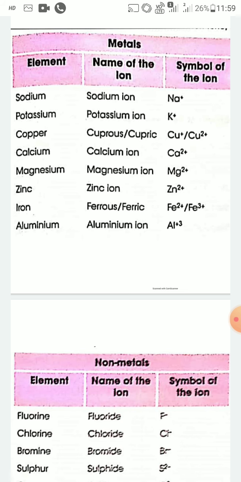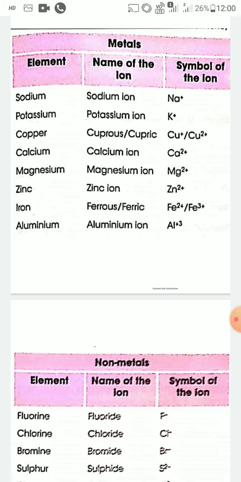Similarly, potassium forms the potassium ion, K+. Copper forms the cuprous and cupric ions, because copper has two valencies, 1 and 2. You use the suffix -ous for the lower valency and -ic for the higher valency.